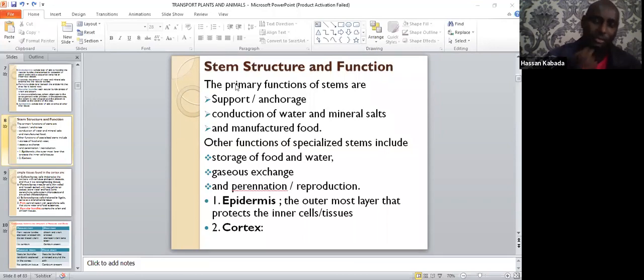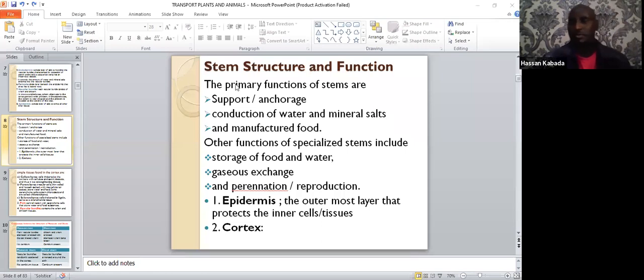And if you remember, when we were dealing with support in plants, we said the reason plants require support is to expose the leaves for maximum absorption of carbon dioxide and sunlight energy, exposure of the flowers for pollination, the agents of pollination like the wind, like the insects.